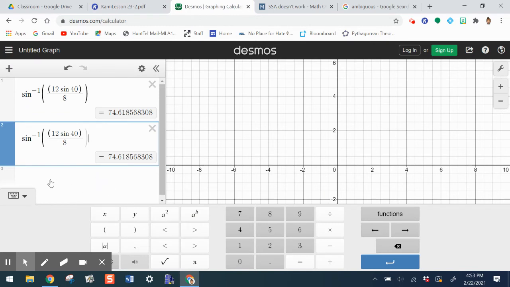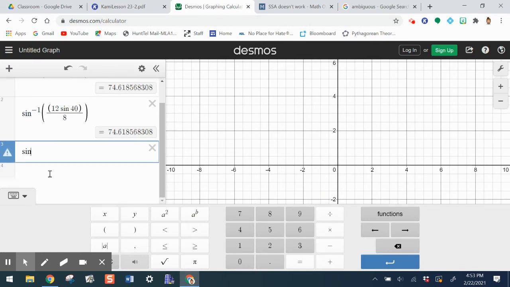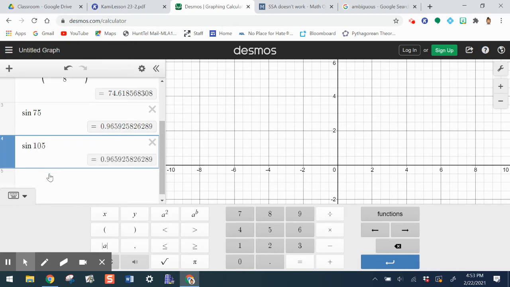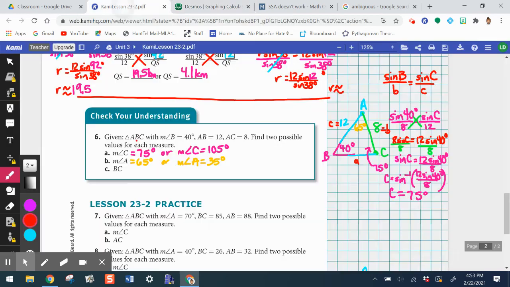The sine of 75 is actually equal to the sine of 105, 0.9659. So they are in fact equal. So there are two possibilities for angle C, which is 75 degrees or 105 degrees.